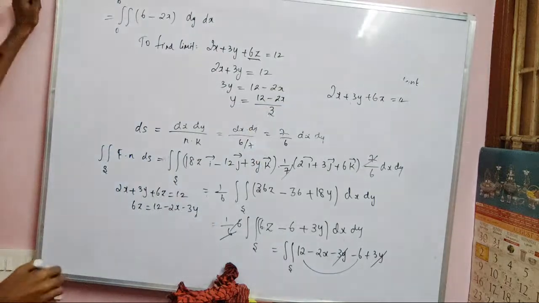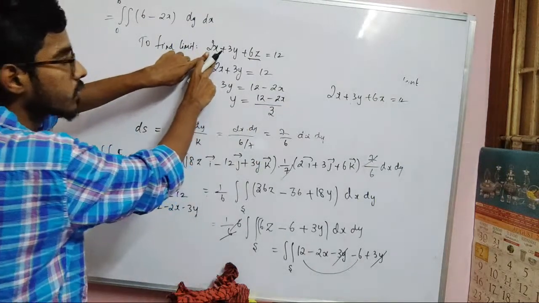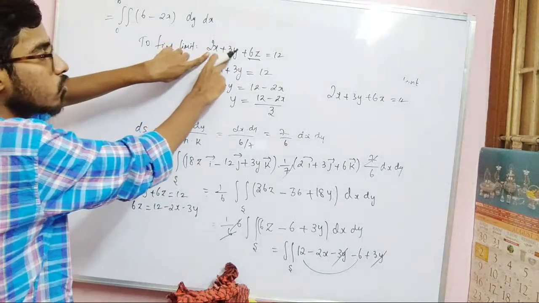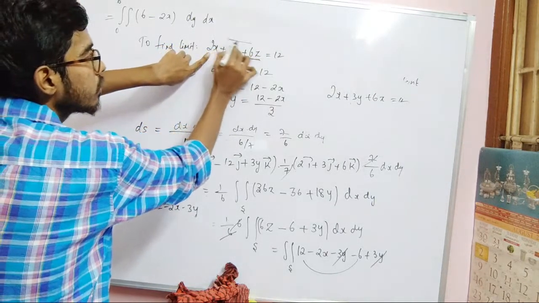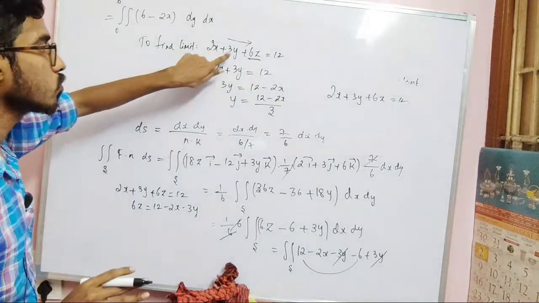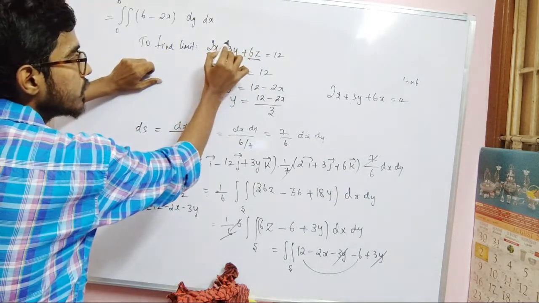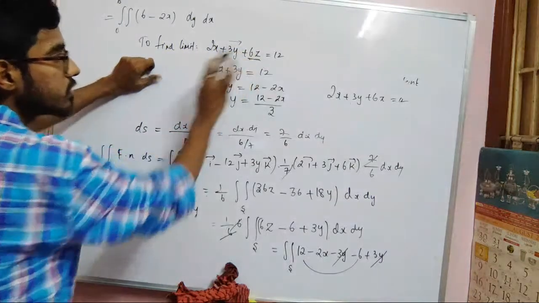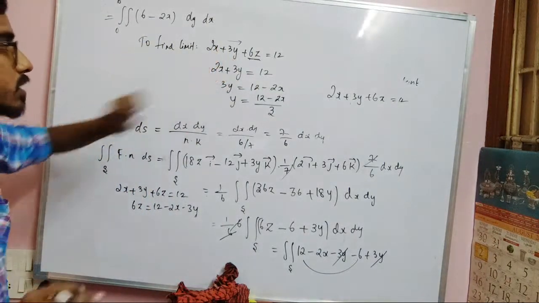I'll tell you one more shortcut also. If you want to find the x limit, you put y is equal to 0, z is equal to 0. If you want to find the y limit, you just have to put z is equal to 0. You should not put x is equal to 0, so we will have the y limit in terms of x.